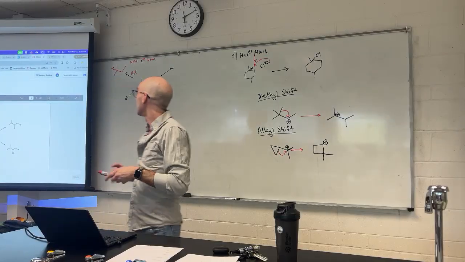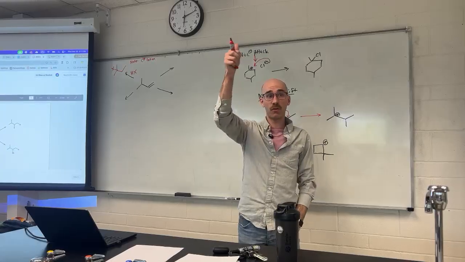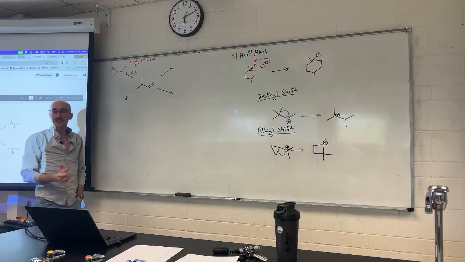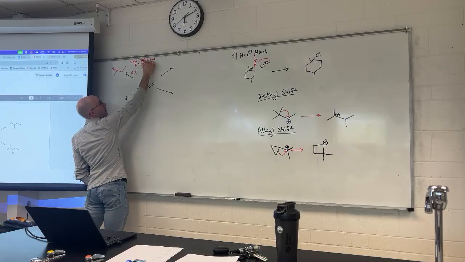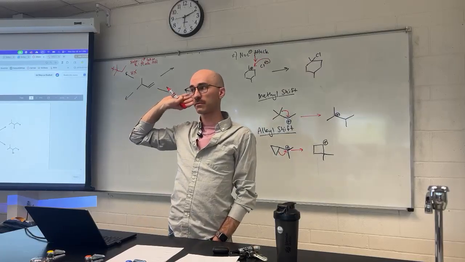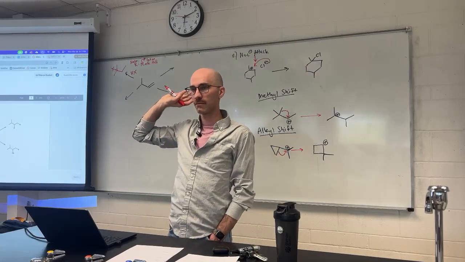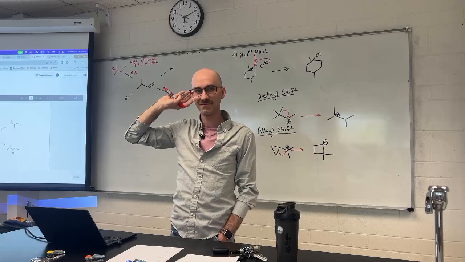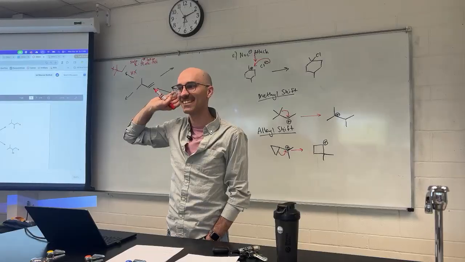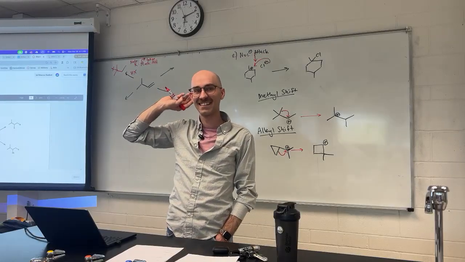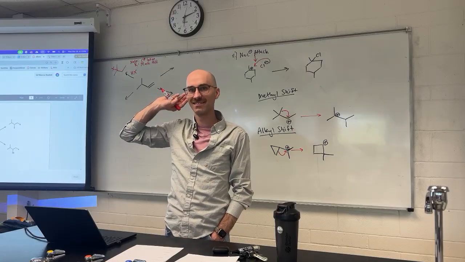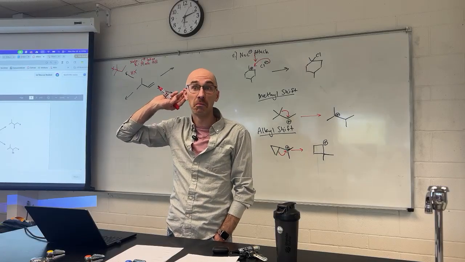I'm sorry. Here are some other things that I like to point out. Regiochemistry. I'm going to abbreviate regiochemistry with R. This is a Markovnikov addition product, which means hydrogen goes to the carbon with more hydrogen.